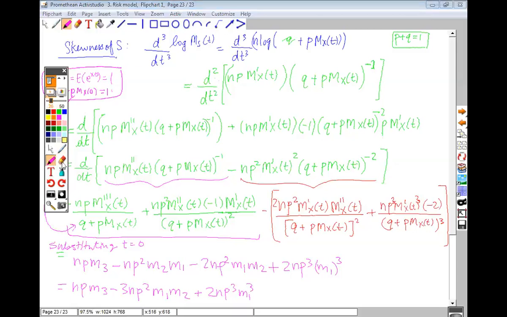Does anyone have any doubts with this derivation? Maybe not now, but if you try to do it by yourself, I think you will realize certain mistakes that are bound to happen sometimes. So, is this clear to everyone?